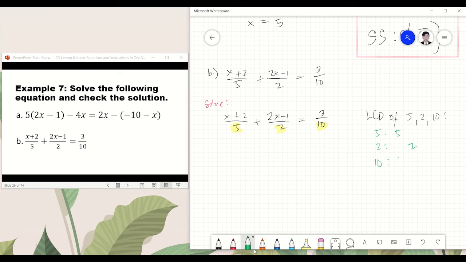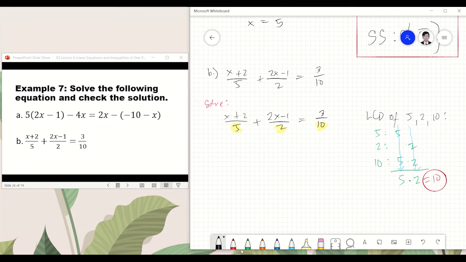So, i-align natin siya dito. 5 times 2. And then, we bring down. Align. 5. Align. Isang 2. So, 5 times 2 is equal to 10. So, meaning yung LCD is a 10.